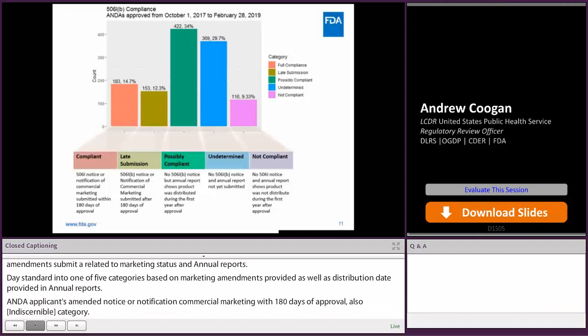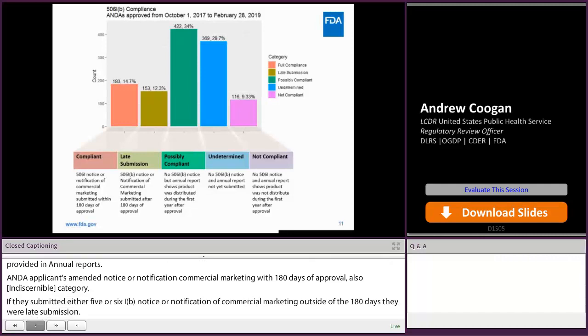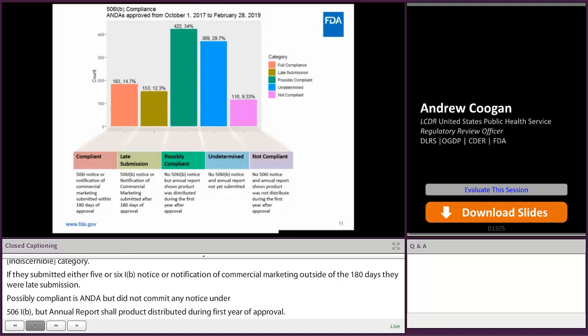Possibly compliant is ANDAs that did not submit any notice under 506IB, but their annual report showed that their product was distributed during the first year of approval. Undetermined, since for a lot of these ANDAs that we reviewed, there had not been a year since they were approved to when we did the analysis.